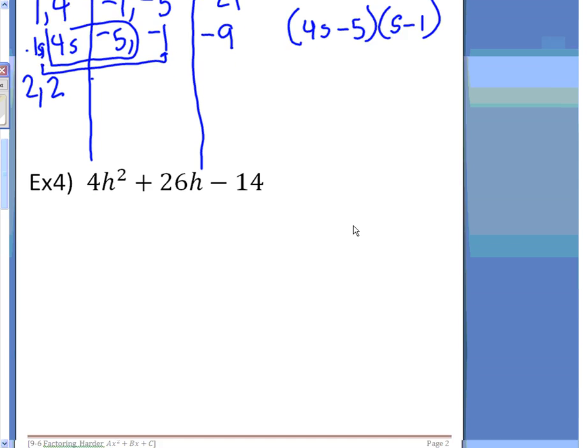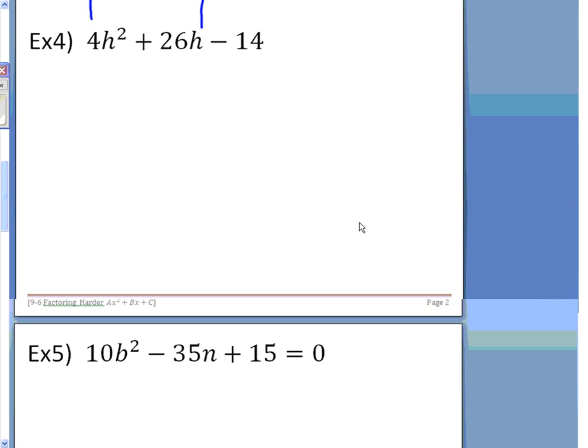All right. Next problem's a little bit harder, but a good next step. First thing you check for to make sure this coefficient of the h squared is positive. It is. Then check, is there a number that I could divide all three of these chunks by? Yes, I can divide them all by 2. So what I'm going to start off doing is factoring out a 2. Take out a 2 from everything.